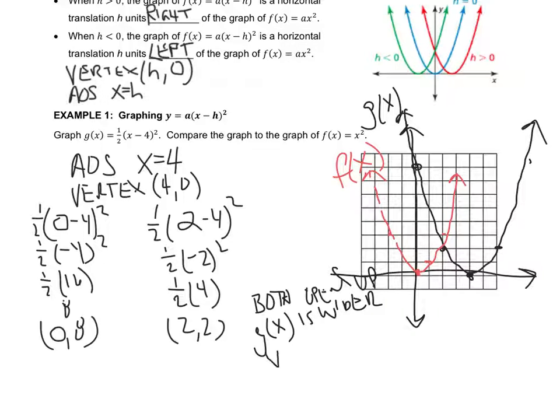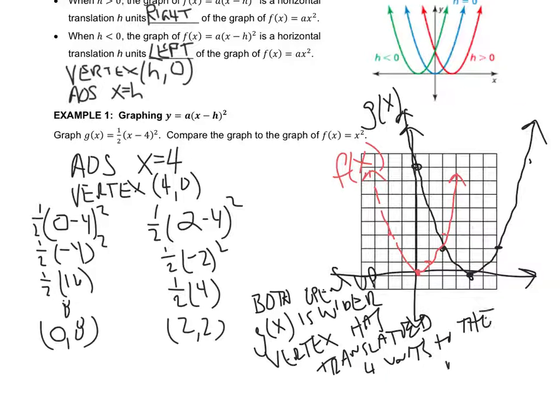We know that the vertex has translated 4 units to the right. That is very messy, but that's what happens when I'm trying to write on this thing without messing it all up.